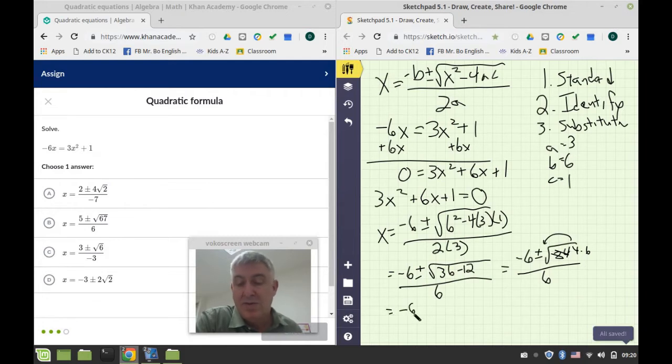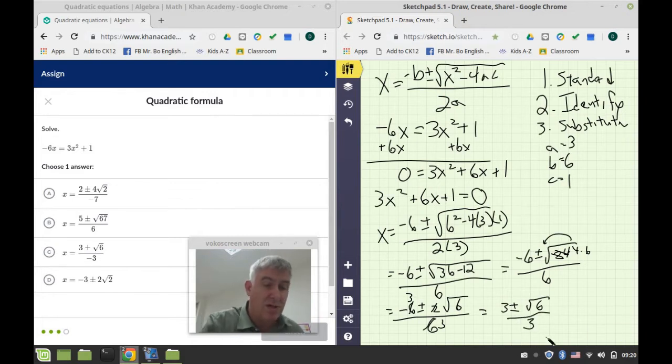So negative 6 plus or minus 2 square root of 6 all over 6. So now if I factor out the 2 here, I'll get negative 3, and I'll get 3. Okay. So I'm left with 3 plus or minus the square root of 6 all over 3.